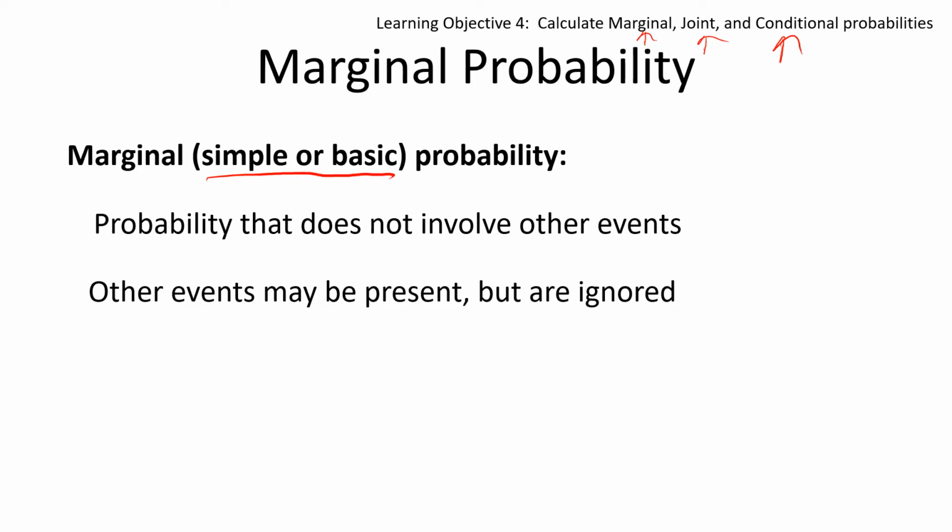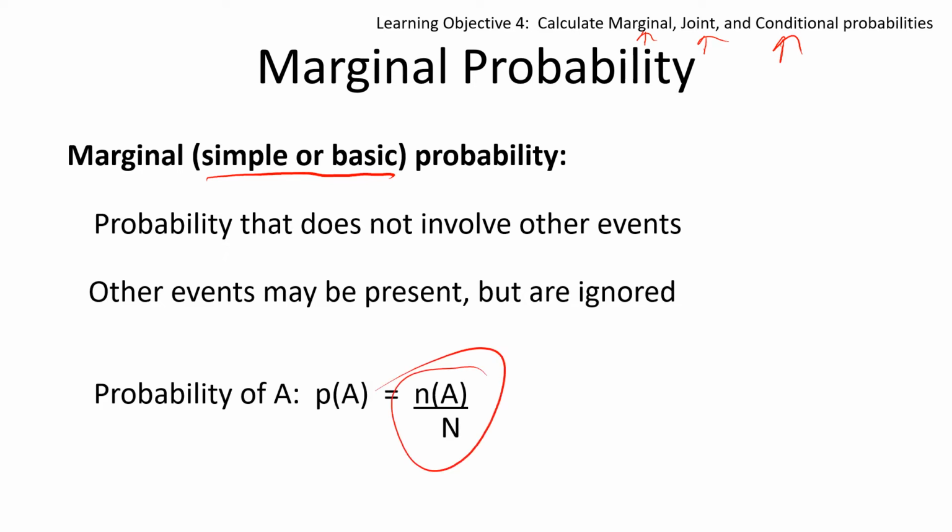Well, when we do the marginal probability, we're also going to be looking at just the probability of low depression or high depression, ignoring self-esteem. So other events are present, but they may be ignored. And this is that basic formula that I showed a couple slides ago. It's just the number in our event divided by the number total.